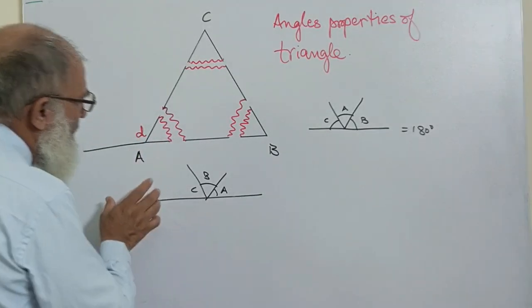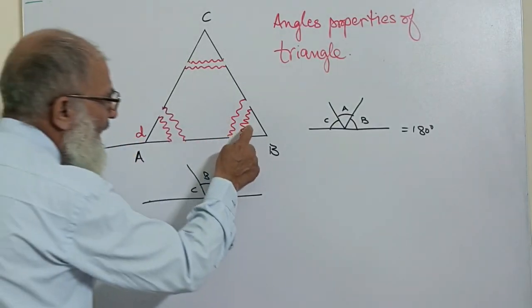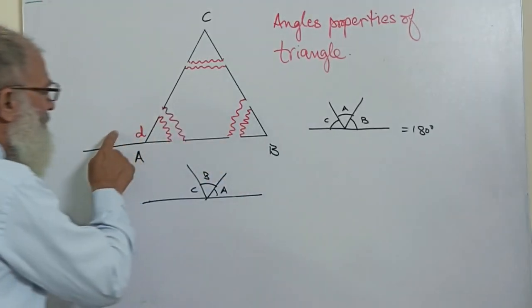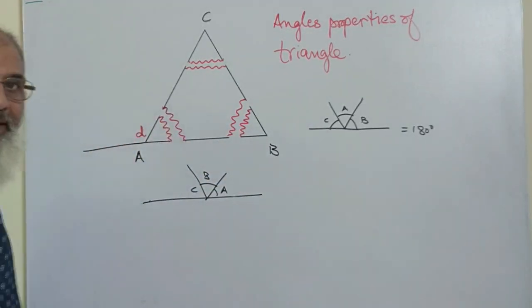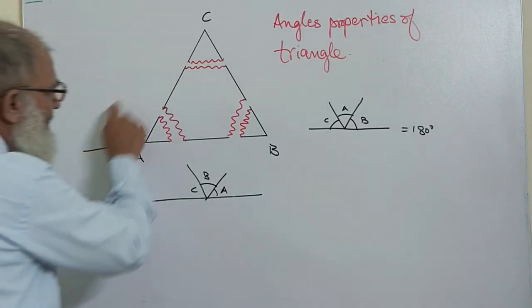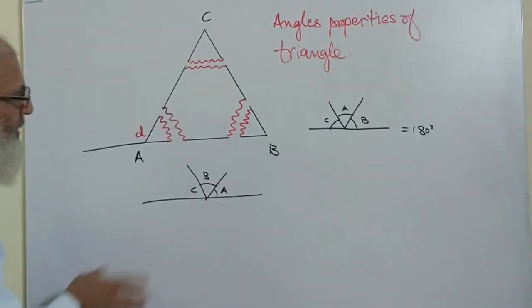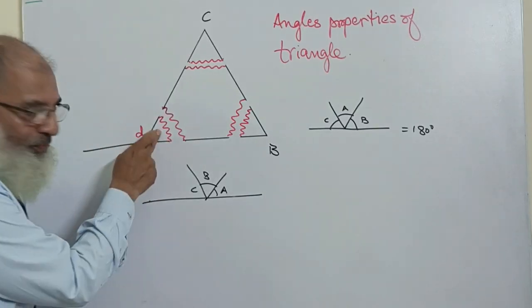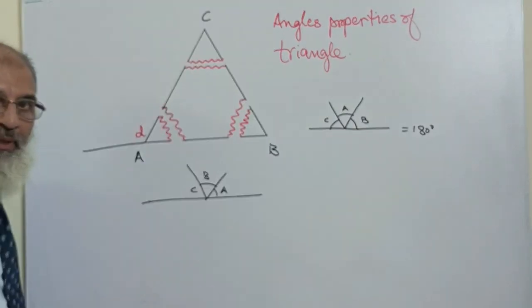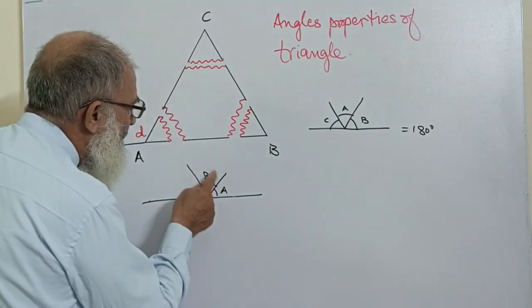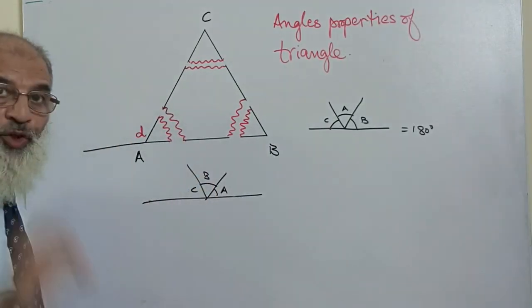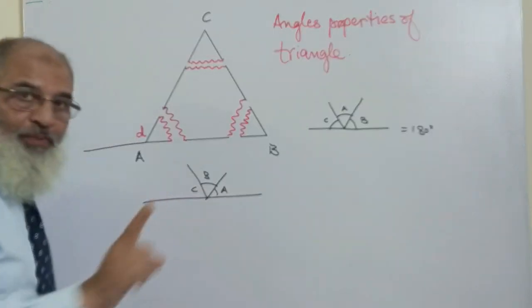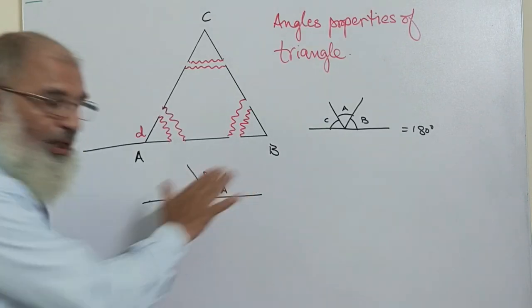Now you see that if I add these two angles, it will be equal to this exterior angle, because A is there. Now A is there, and the sum of A, B, C should make 180 degrees.